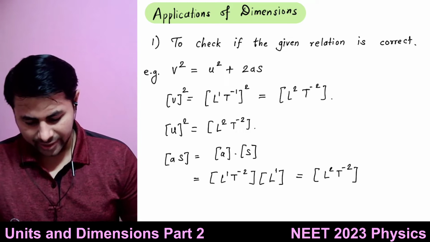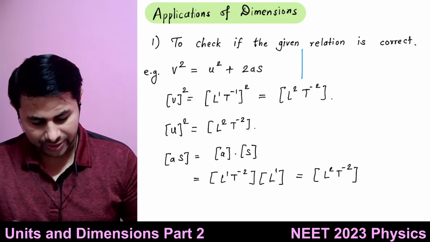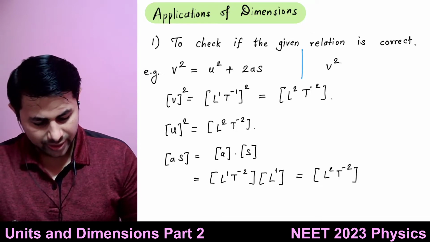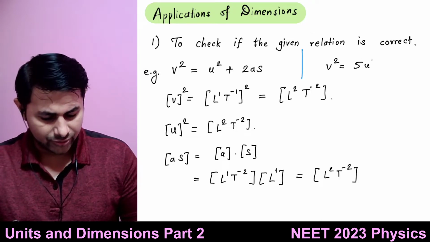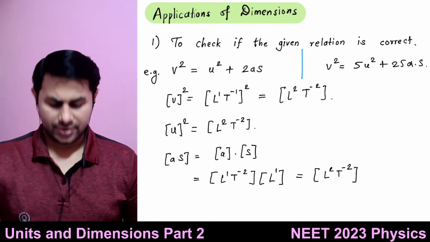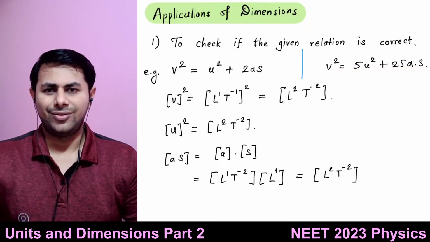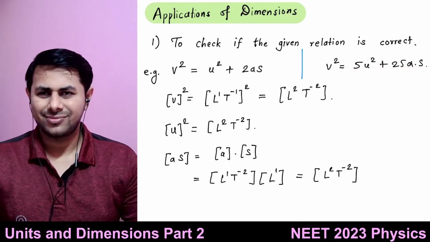Let's say instead of this equation, let's say I write some equation like this. V square equals to 5u square plus 25a multiplied by s. And now if you find out dimensions of this equation, what will happen? It is also correct, dimensionally correct.